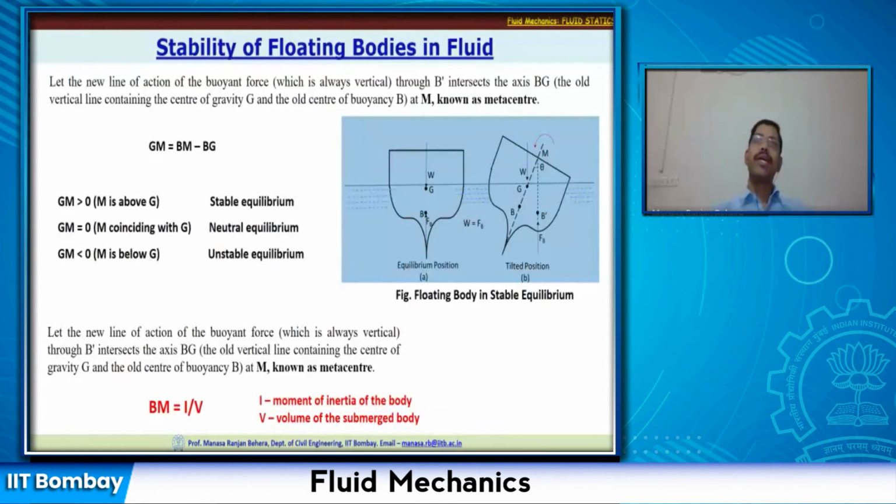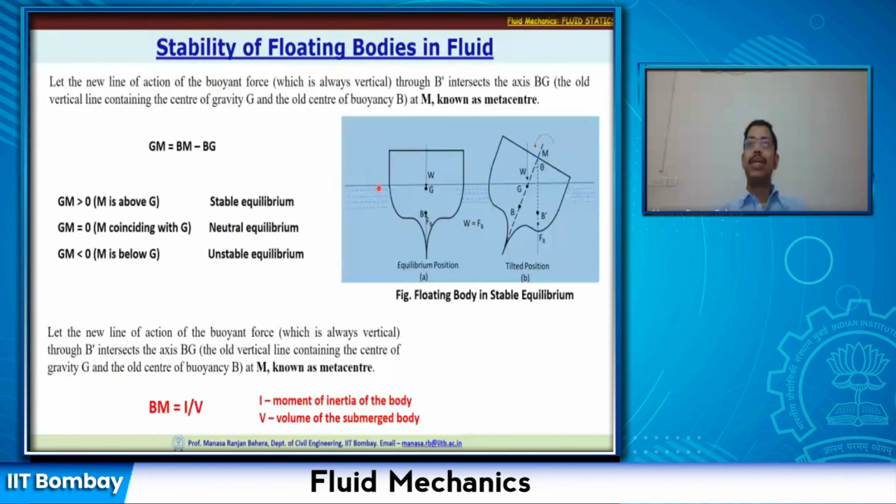So let us say you have this figure here which shows a typical vessel or ship. This vessel is floating in water, it is submerged partially and it has some portion which is above water.